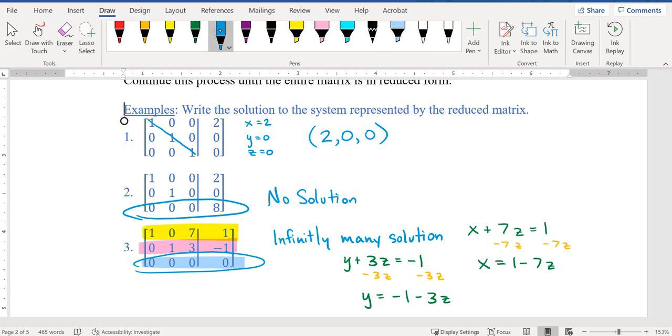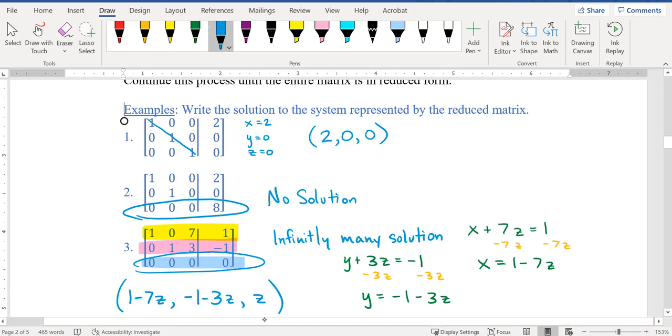So when I write my ordered triple, I'm going to write x is 1 minus 7z, y is negative 1 minus 3z, and z can be anything. Now, most books, instead of telling you to write z, are going to tell you to replace that with another variable, and most of the time they use the letter t.